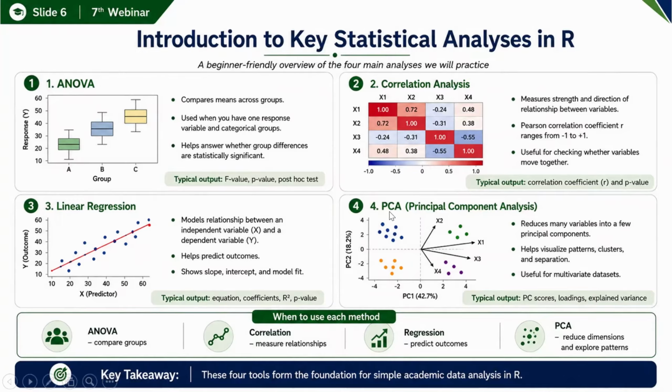The fourth analysis we'll be doing with R today is PCA, Principal Component Analysis. PCA reduces many variables into few principal components. Sometimes in our analysis, or in our manuscript, we carry out different tests.